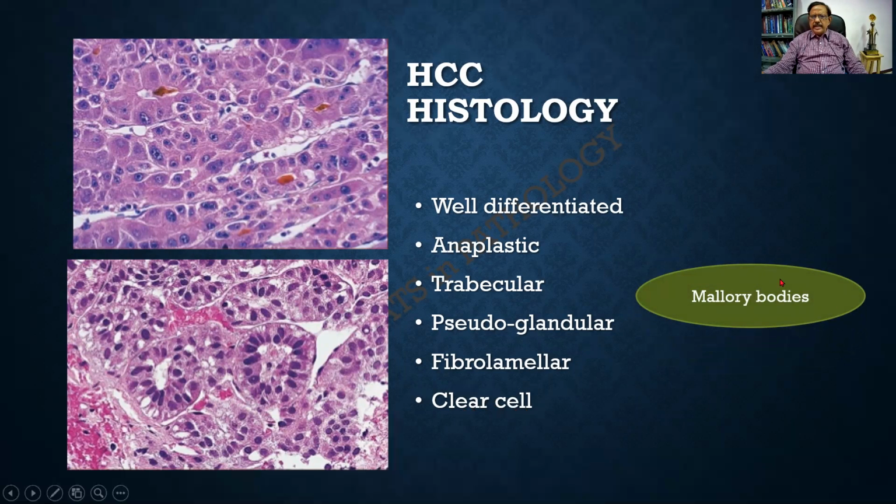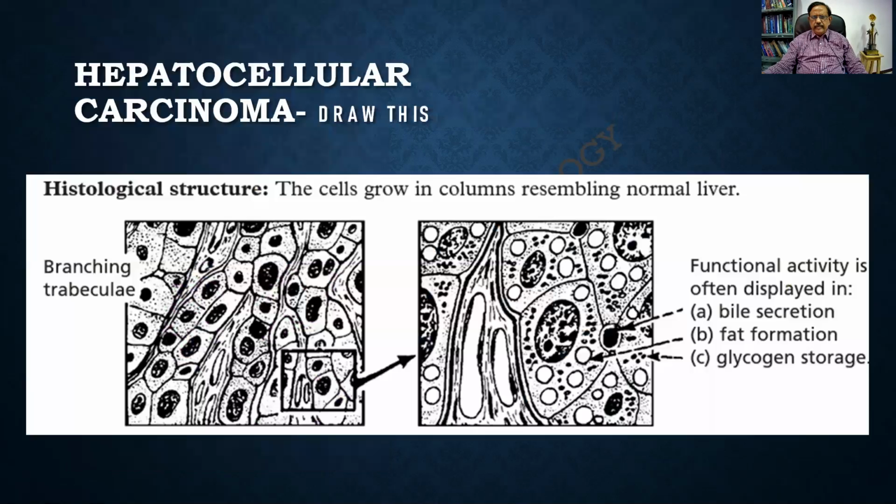Mallory bodies incidentally can be found in a number of conditions. So this can be asked as a differential diagnosis or an MCQ, mainly in alcoholic liver disease, but then it can occur in Wilson's disease, hepatocellular carcinoma, etc. This is a beautiful diagram which I would like you people to kindly draw, retrieved from illustrated pathology.